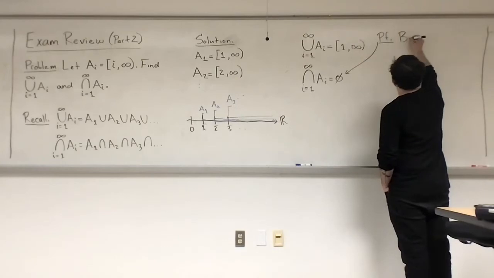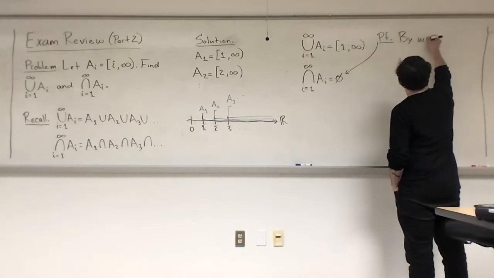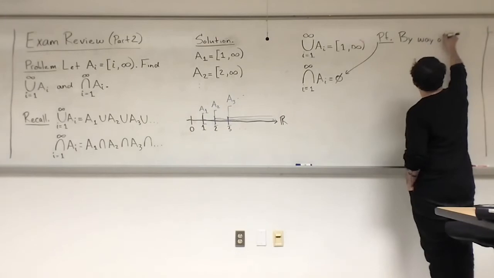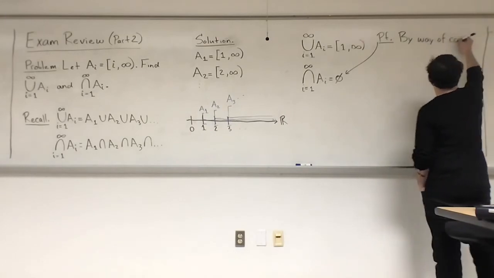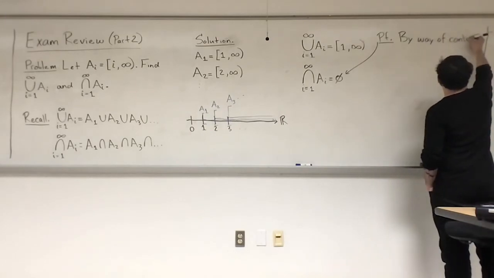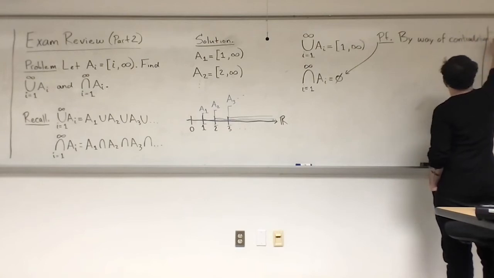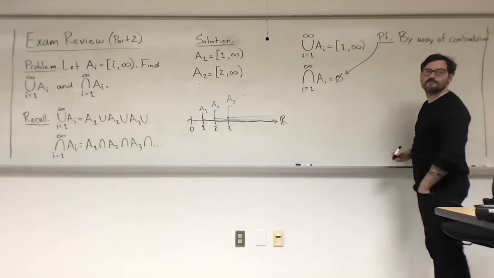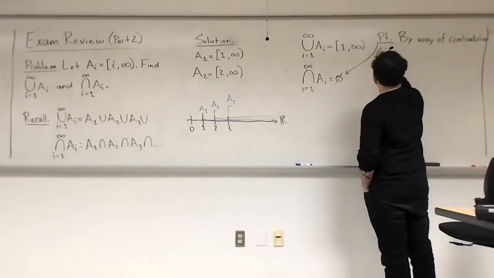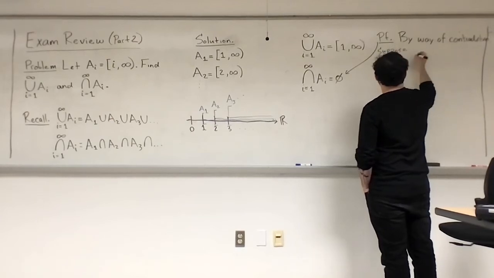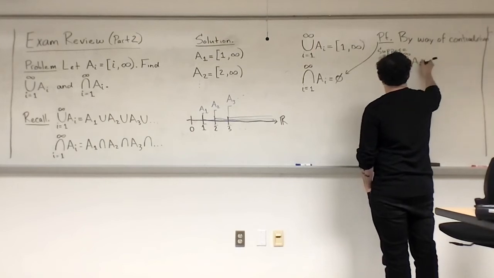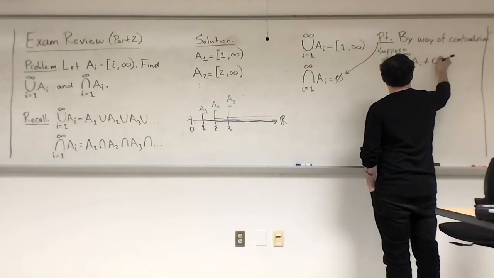So let's just play with it. By way of contradiction, it's messy because I'm running out of room, but by way of contradiction, suppose that the intersection from i equals 1 to infinity of A_i is not equal to the empty set.